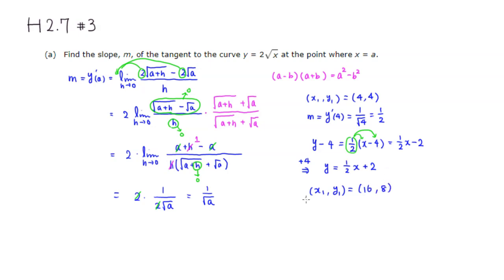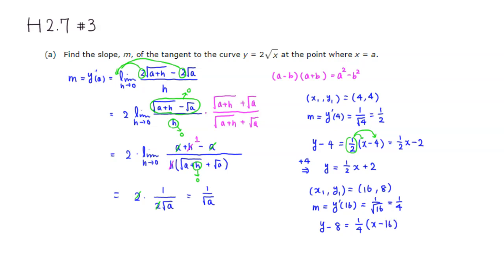So we just need to find the slope the same way. So the slope m is going to be y prime of x1, which is now 16. So you have 1 over square root of 16, which is going to be 1/4. Right? So the equation is y minus y1, which is 8, is equal to m, which is 1/4, times quantity x minus x1, which is 16.